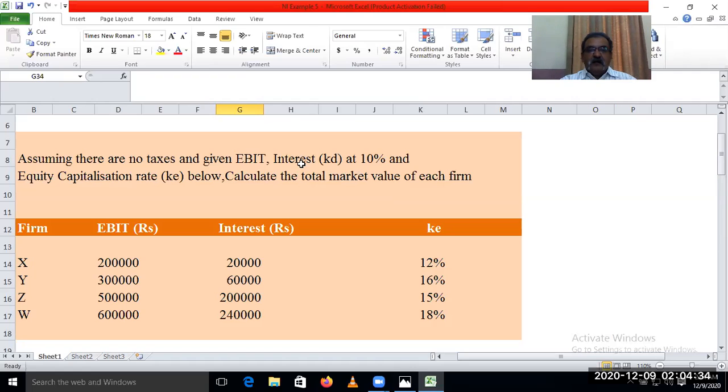What is given to us? Interest rate is given and interest amount is given. Say the interest amount is rupees 20,000 and interest rate is 10%.